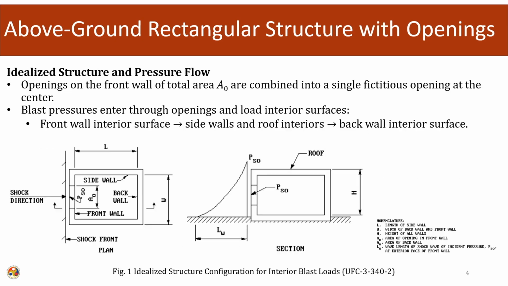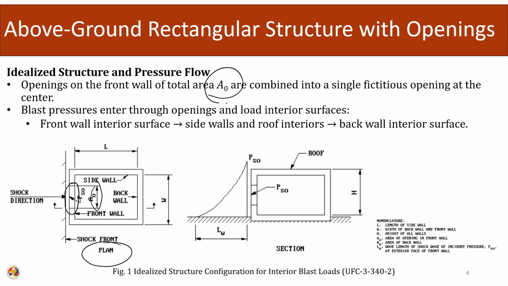So, here we will see an idealized structure and the pressure flow that is occurring inside it. Let us say we have an opening on the front wall. So, this is the opening, and this is shown in plan. The cross sectional area is, let us say, A0.